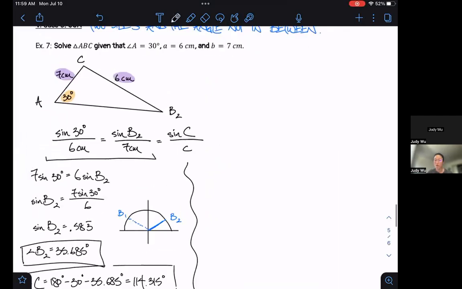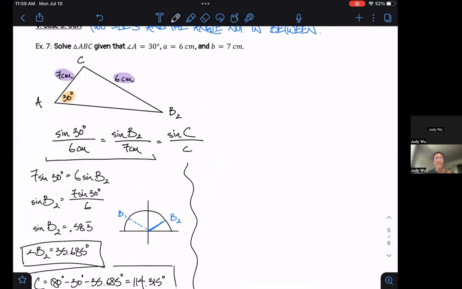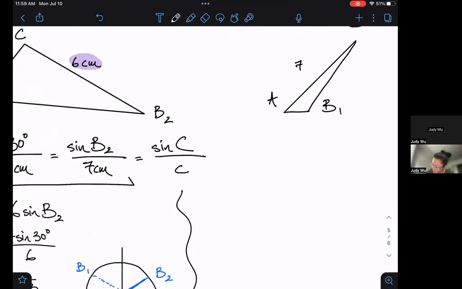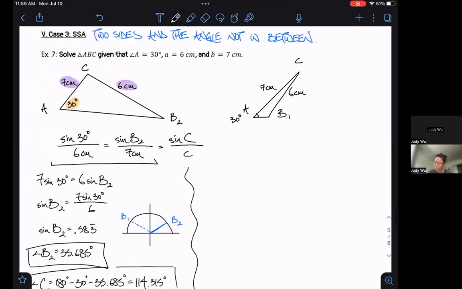But if you'll remember on that applet that I showed you, there was actually a second triangle that kind of looks something like this. So we have A, we have C, but it was like a really skinny triangle, and they called this one B1, okay? Now, I still have this at 7 centimeters, 6 centimeters, and this is going to be 30 degrees, okay?